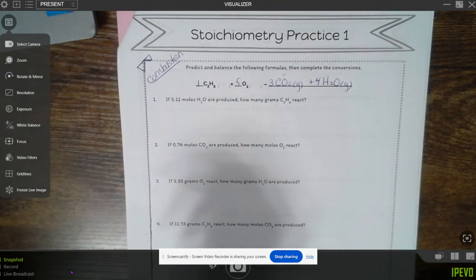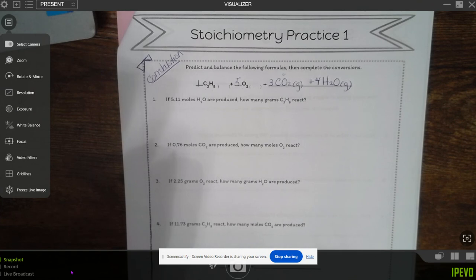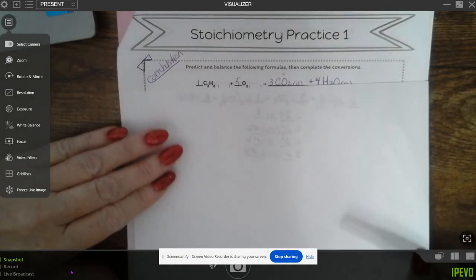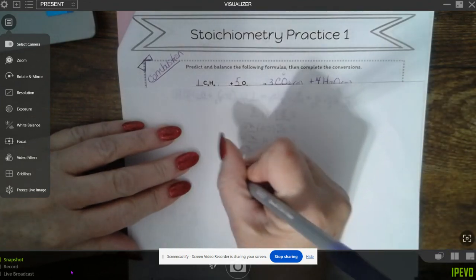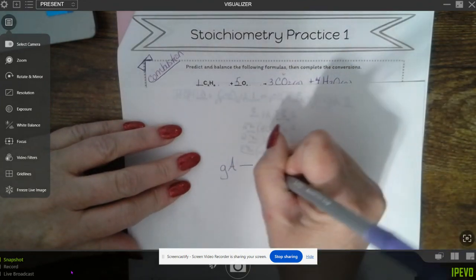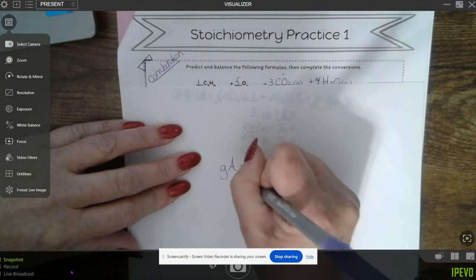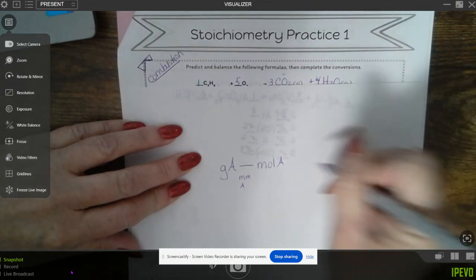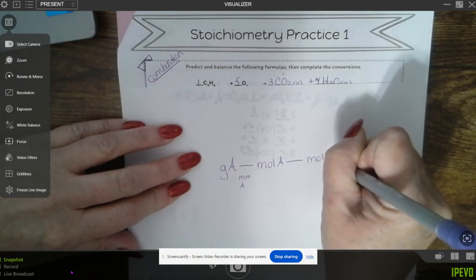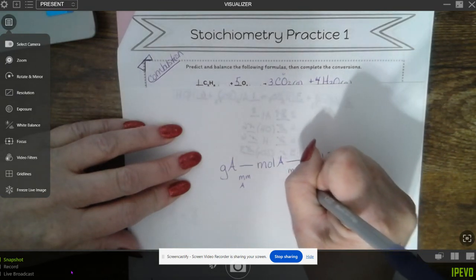And you know what I'm going to do? I'm going to write my mole map right here on a piece of paper that I can move back and forth. So remember, my mole map starts with grams of A. We can go from grams of A to moles of A using the molar mass of compound A. Then we go to moles of B using the mole ratio from the balanced chemical equation.